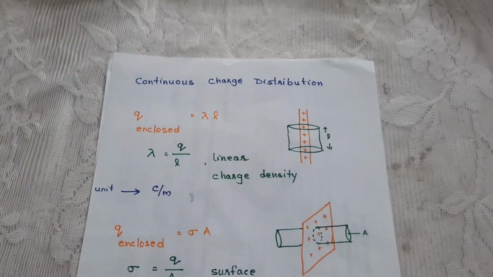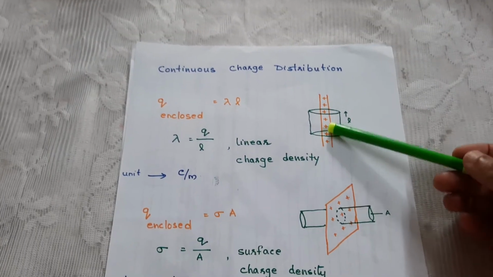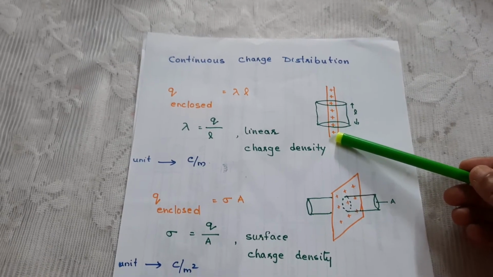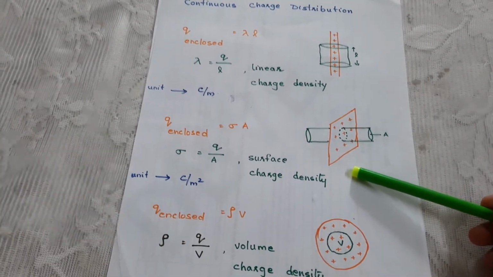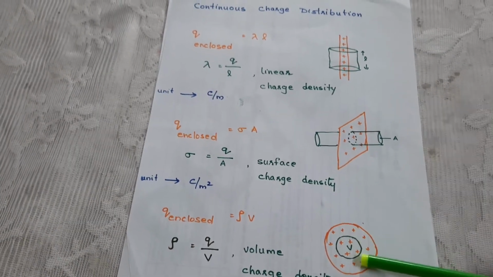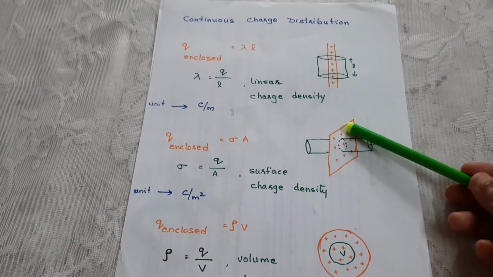Now let us see continuous charge distribution. If a charge is uniformly distributed on a metal wire or on a metal surface or in a metal body, the charge distribution is known as continuous charge distribution.